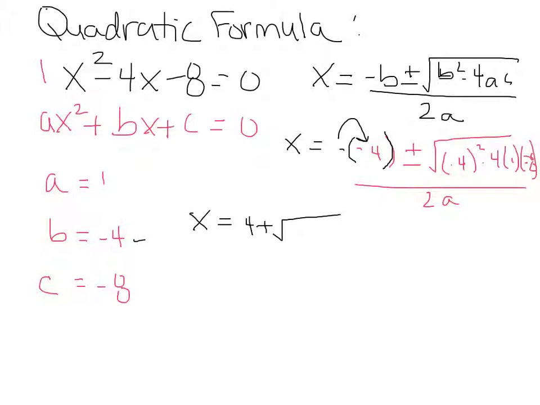So now we have -4 squared is 16. -4 times 1 times -8 is +32. And I'm sorry, down here I forgot 2a would be 2 times 1, which is 2. And we have the same thing for subtraction, because it's plus or minus.